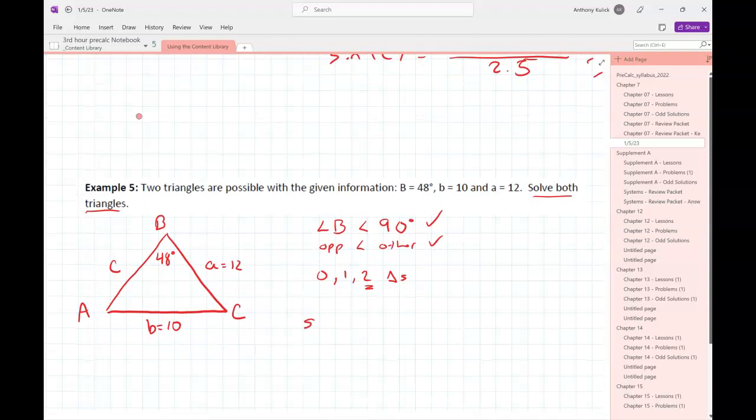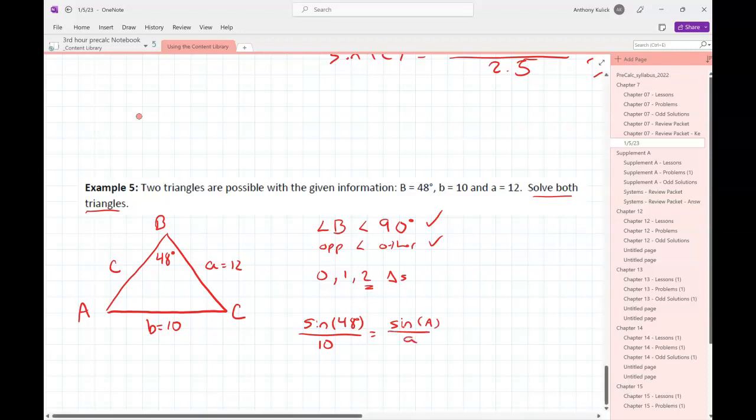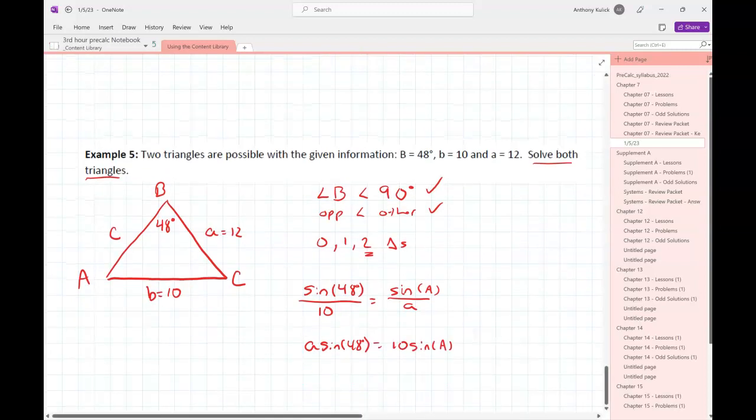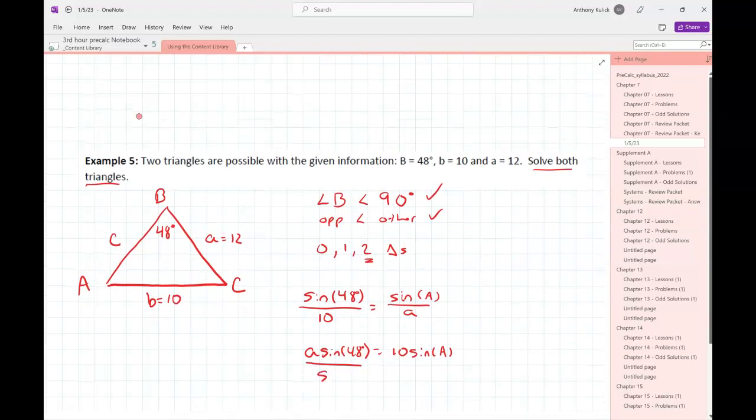All right. So I will start by just using my law of sines. So cross multiply, divide by sine 48.